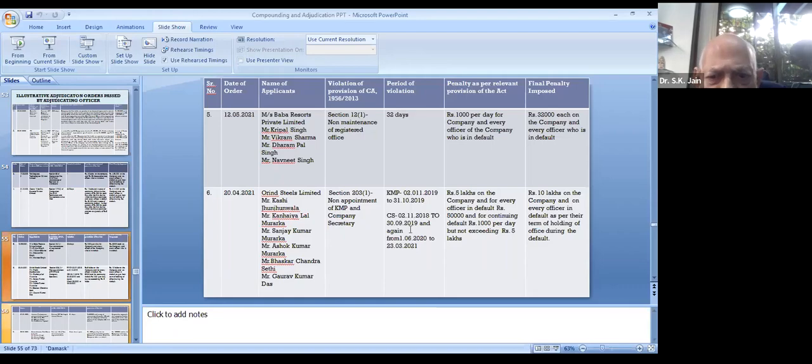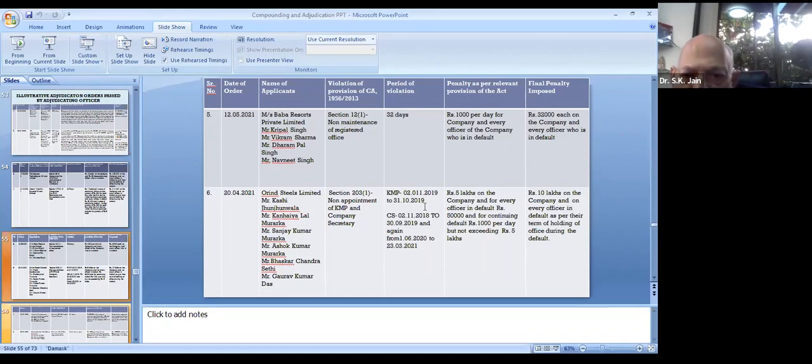It should be 18, sorry. 2/11/2018 to 31/10/2019, and for non-appointment of company secretary, 2/11/2018 to 30/9/2019, and against so and so.